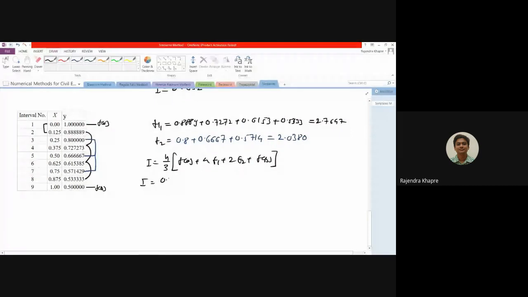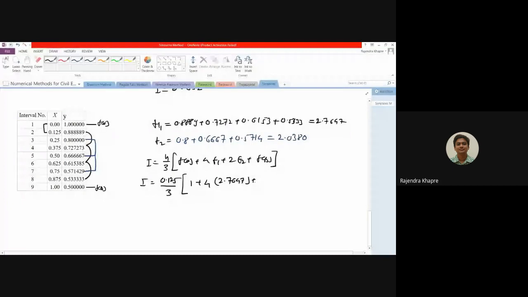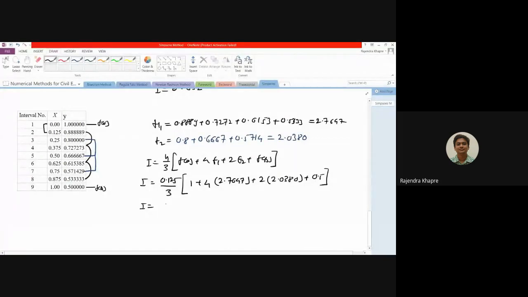So this is 0.125 divided by 3 into f of a, which is 1, plus 4 times t1, which is 2.7647, plus 2 times t2, which is 2.0380, plus f of b, which is 0.5. What will be the value of I? 0.69311.